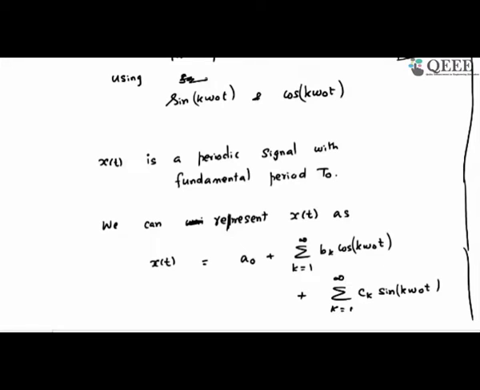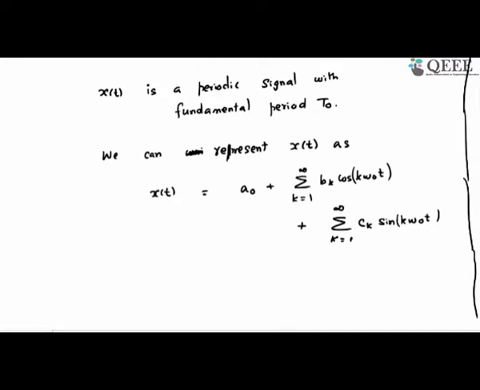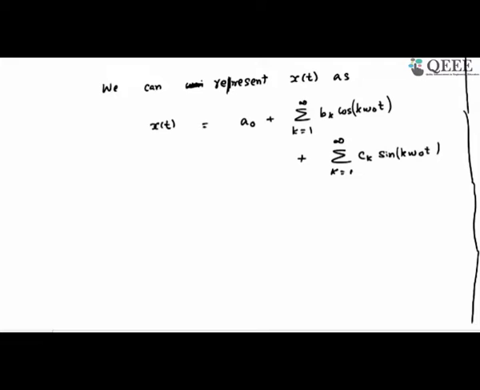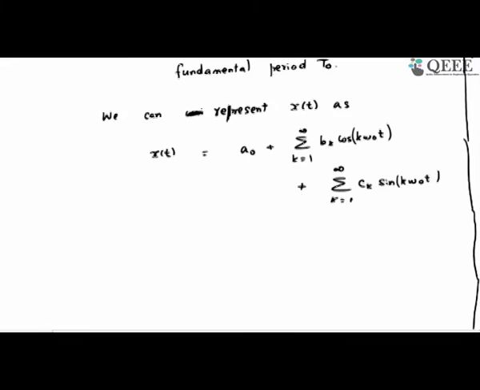So, instead of complex exponentials, we simply replace them with a new set of functions, sines and cosines, but they are all related to the complex exponential.